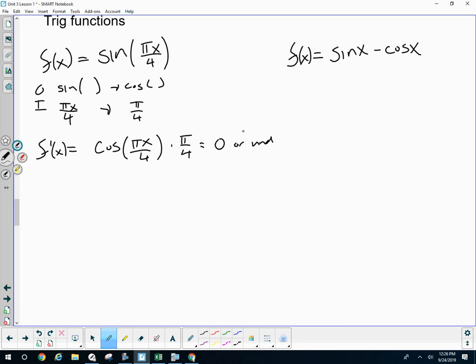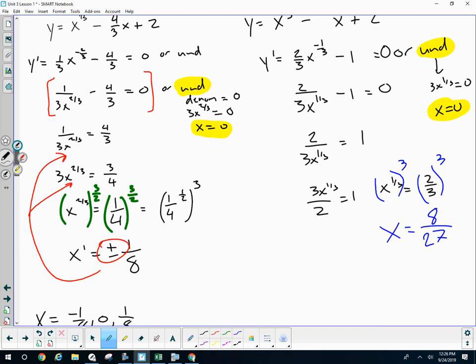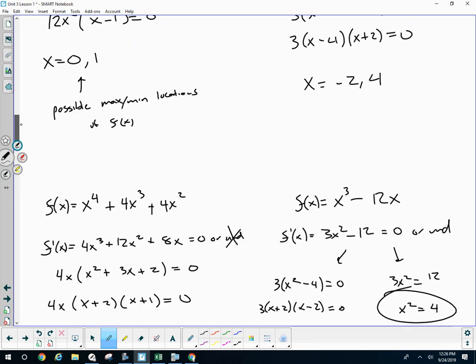We are back to a situation where we do not have a denominator, so we don't have to worry about the undefined part. We actually don't even have to worry about the pi over 4 that's outside. I could divide everything by pi over 4. And just like in the previous situations, I like to factor out just so I don't have anything disappear on me.